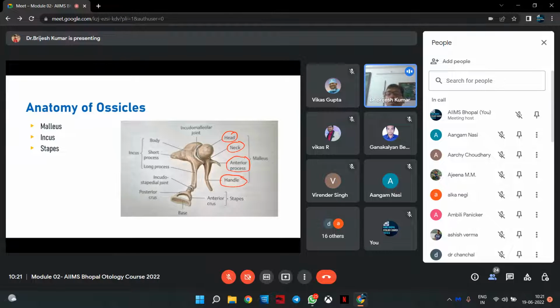It has the handle, which is in contact with the tympanic membrane. Its upper end of the handle gives attachment to the tensor tympani muscle, and medially it is related to the chorda tympani nerve.